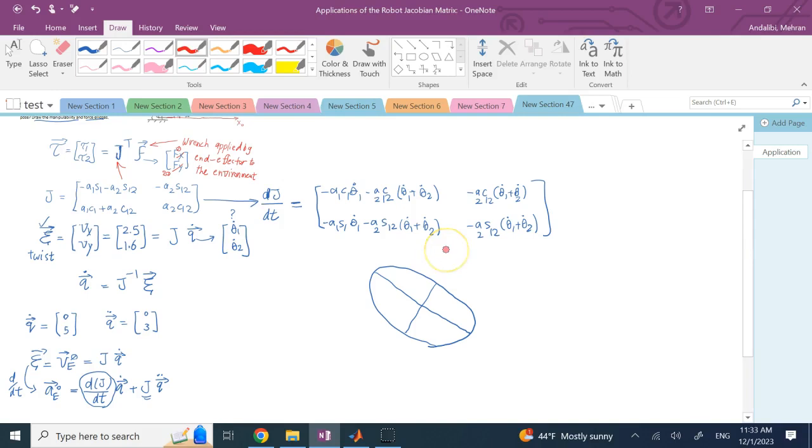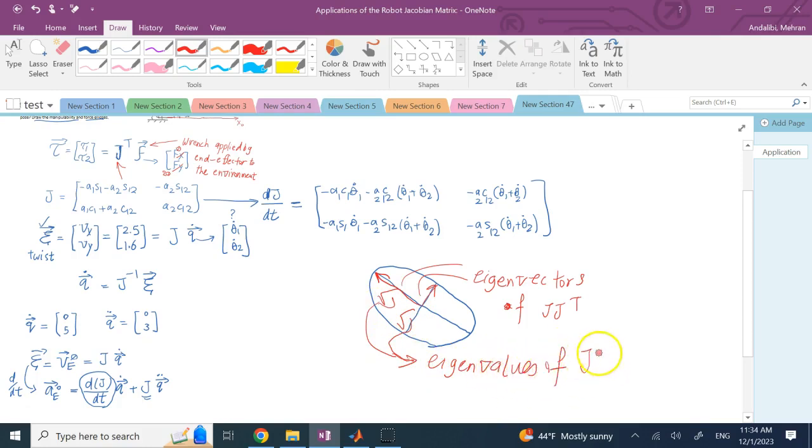The directions of these axes, if I show them for you here, like this and this, these directions are the eigenvectors of JJ transpose, and the magnitudes of them are the square root of the eigenvalues of JJ transpose.